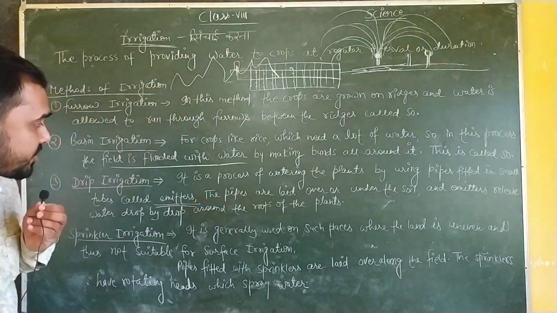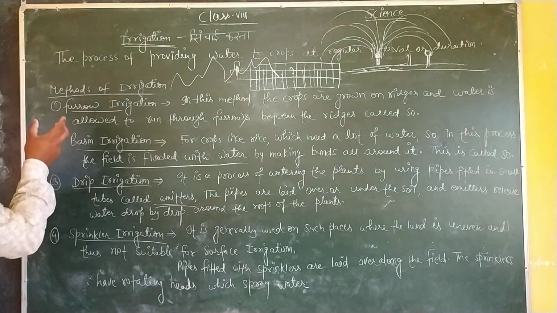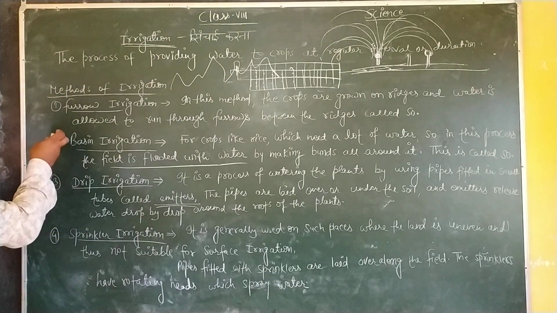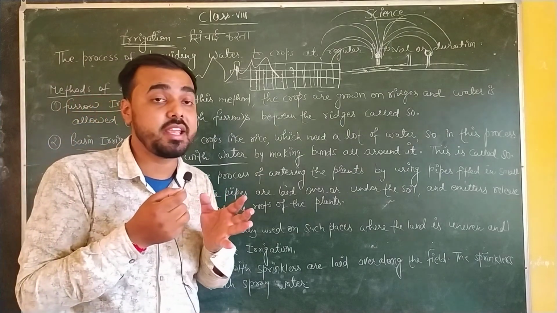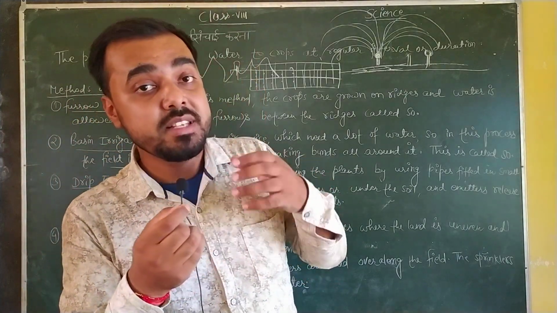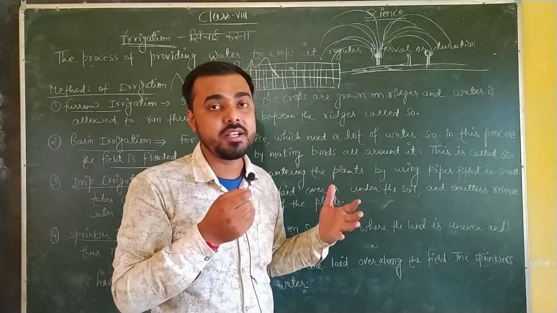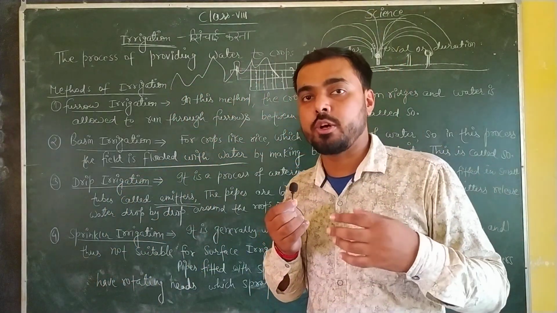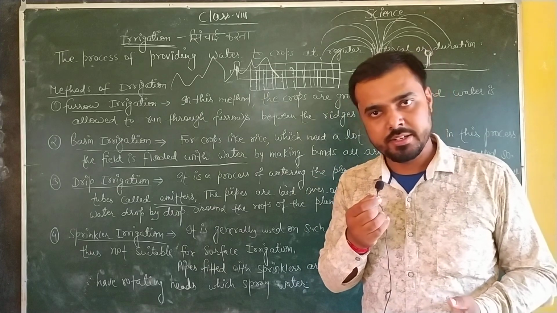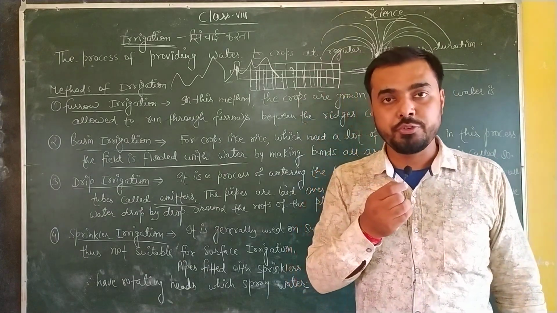So in this condition, we talked about the methods of irrigation and the process of how we irrigate the crops, how we supply water to the different soils for the fulfillment of the water needs of the crops that are grown inside that field. Clear? This is the video for today.